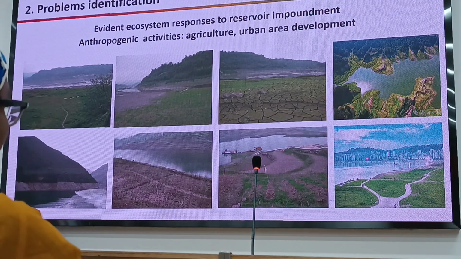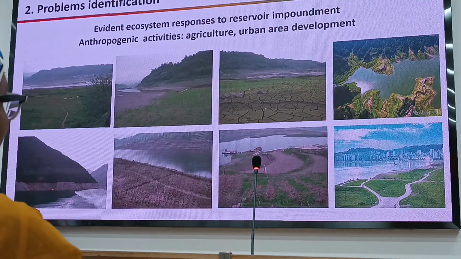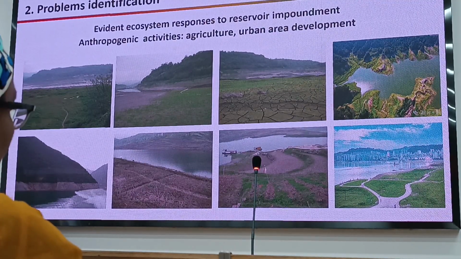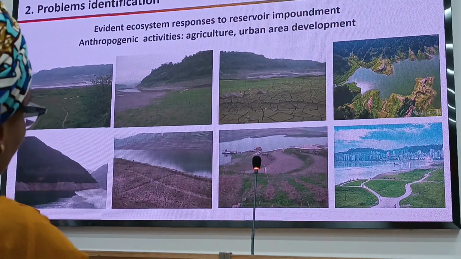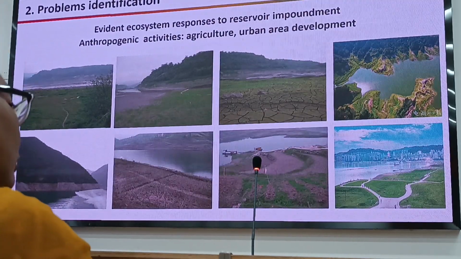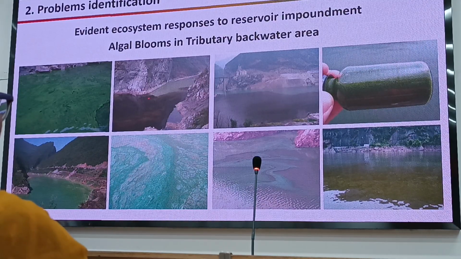And these are large ponds near the Yangtze. I think this is evident in the Little Three Gorges. You see this one, and you can also still find it near the coastal city where you go. It's a little bit flat, but seasonally flooded. And also in some tributaries, during the initial impoundment, there were algal blooms in the tributary backwater areas.